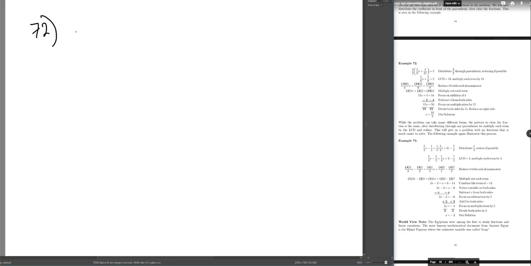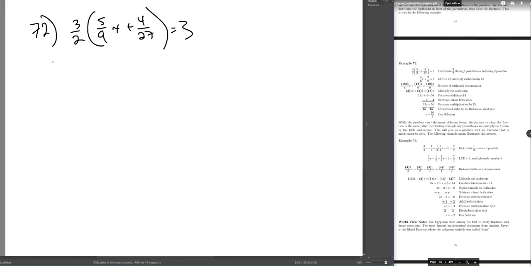Problem 72. That's 3 over 2, 5 over 9, x plus 4 over 27 equals 3. So they're saying distribute the 3 over 2 on the parentheses, reducing if possible.